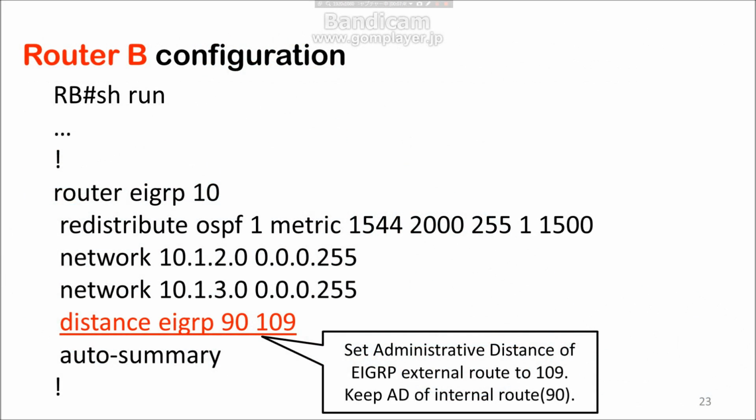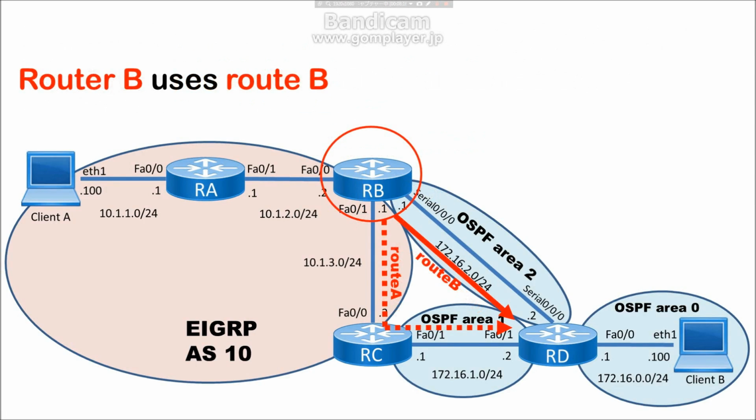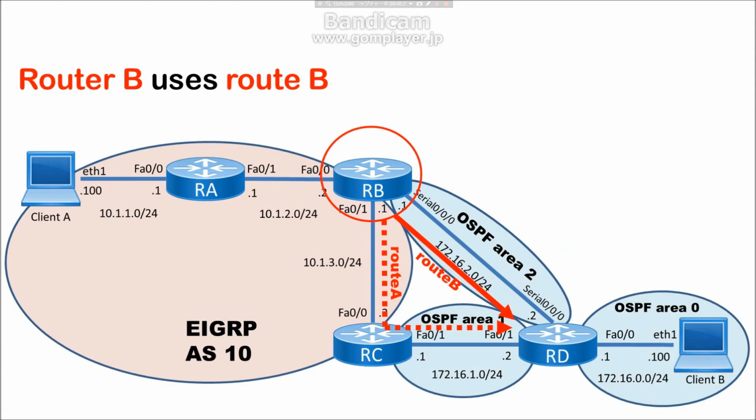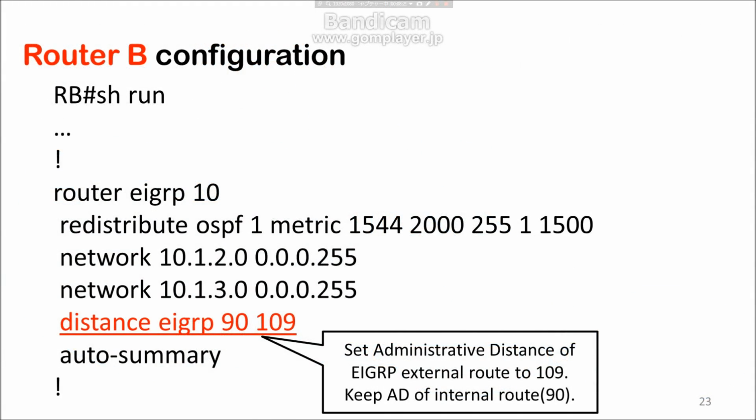Here's the line we should add to the configuration. We have the line distance eigrp 90. This is the internal route administrative distance, so we can keep it as it is, and we should change the external one to 109, because the AD of OSPF is 110. It should at least be smaller than 110, so I put 109 here.